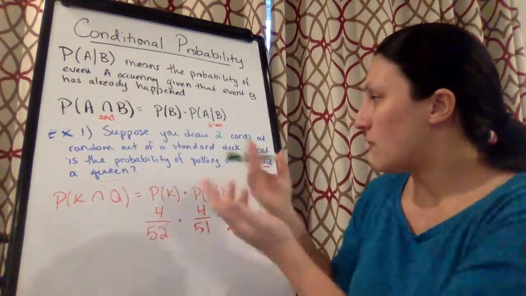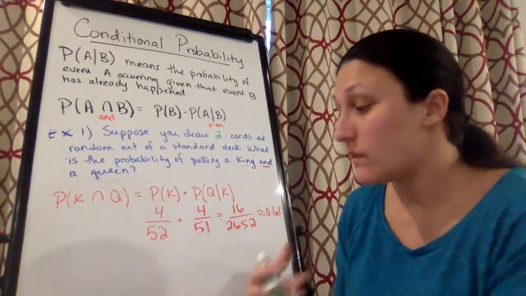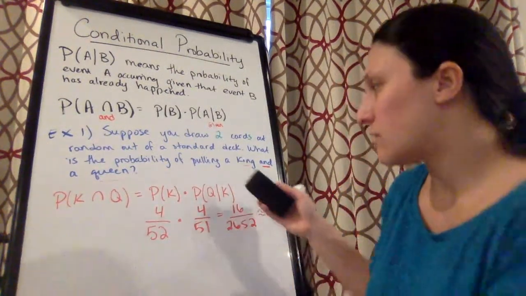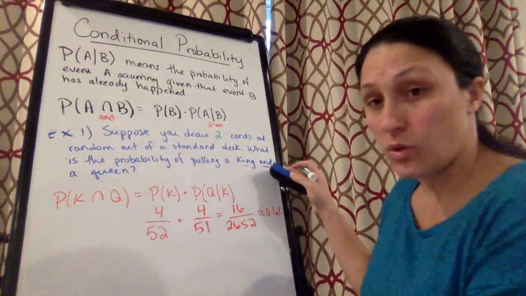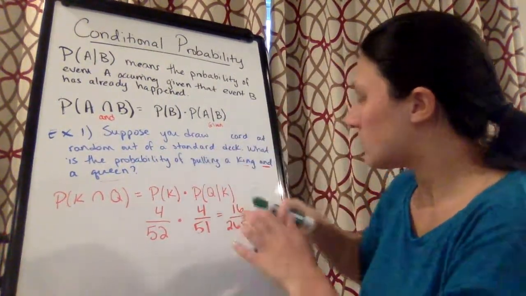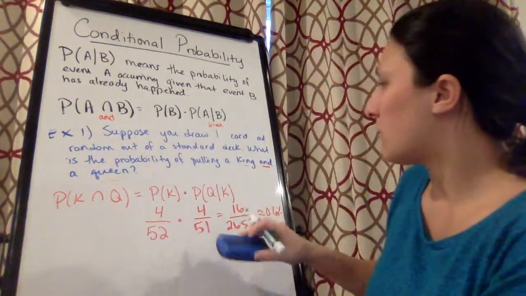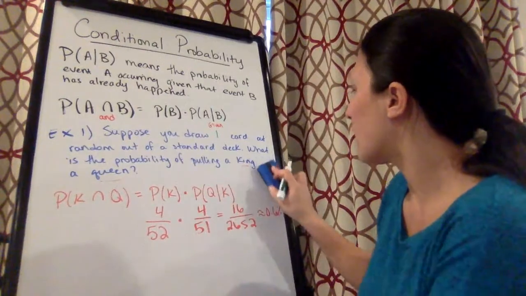We could also remind ourselves of those disjunction problems that we did in the previous video by asking a similar question but changing this word to or. So I could change this back to drawing 1 card. Let's say you just draw 1 card. What's the probability of pulling a king or a queen?